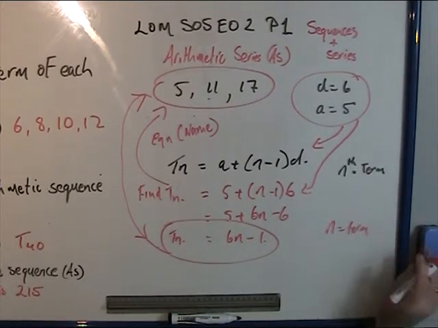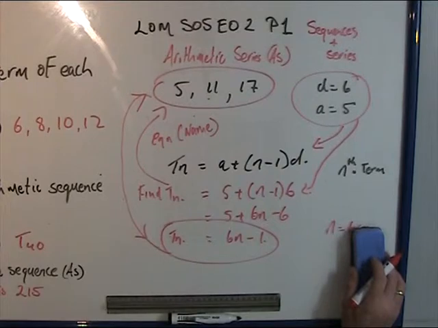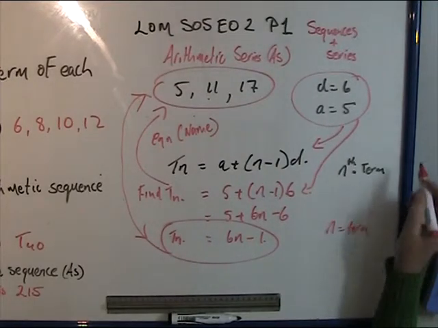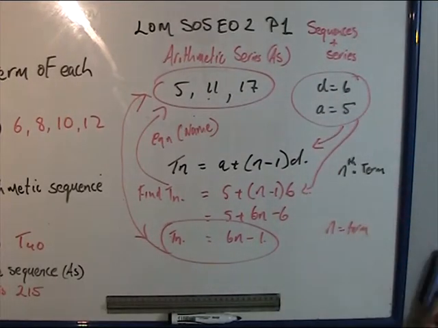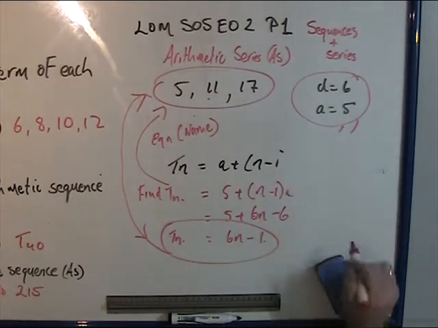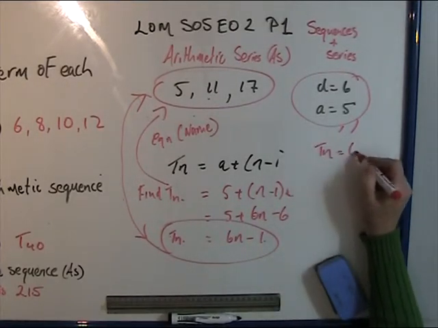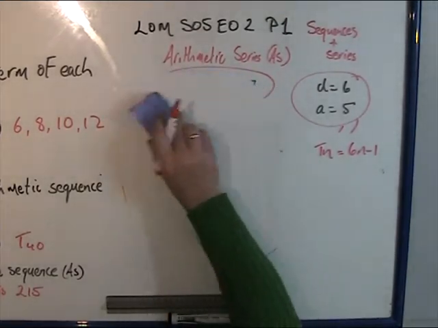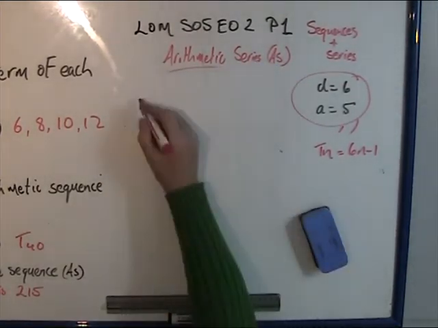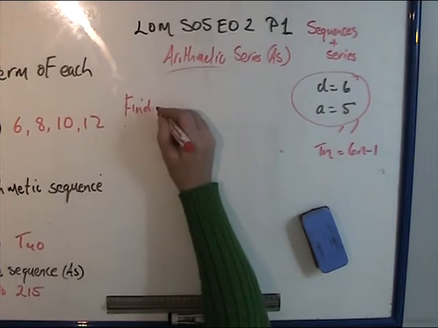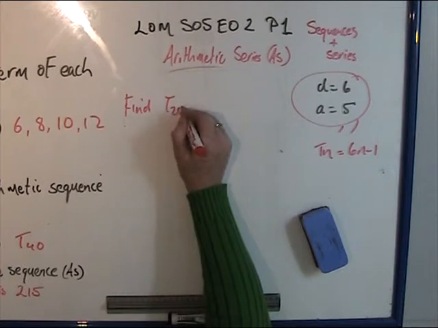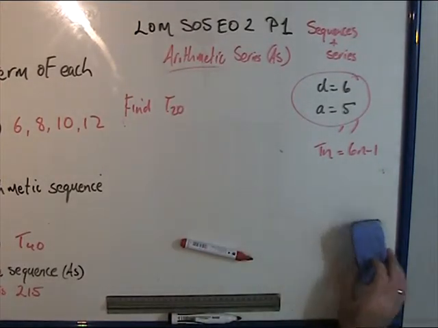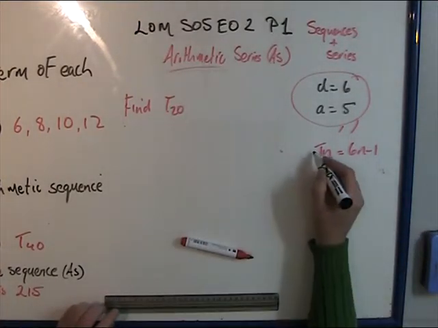Very good. Now it says find T of 20. Don't forget, you write whatever you have on the side, so you know where they are when you're looking for them. So finding T of 20, I know my formula.